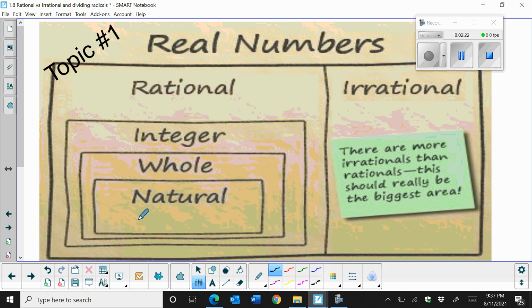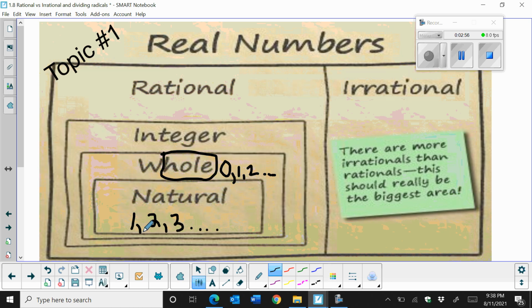Natural numbers, write this on your notes. Natural numbers start at 1. So 1, 2, 3, and it's just like when you're a toddler and you start counting, you start with the natural numbers. Whole numbers include all the natural numbers plus 0. And I remember that because of the word whole. 0 plus 1, 2, and all the counting numbers.